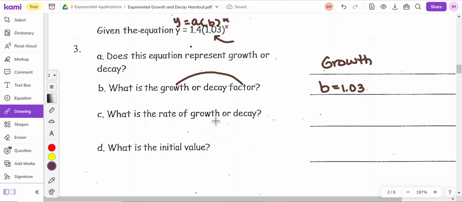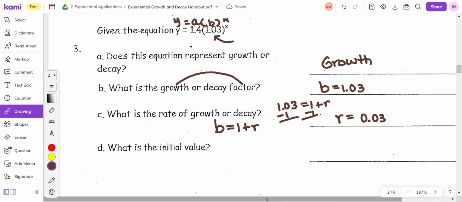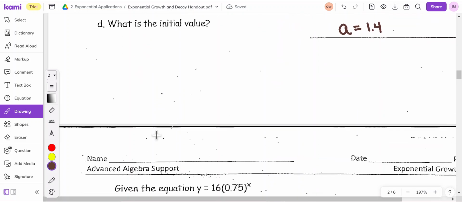To find the rate, you need to understand that B is equal to 1 plus R. So if I subtract 1 from both sides, I get that R is equal to 0.03. And the initial value is my A. A happens to be 1.4. It's easy, but it's very easy to make mistakes.